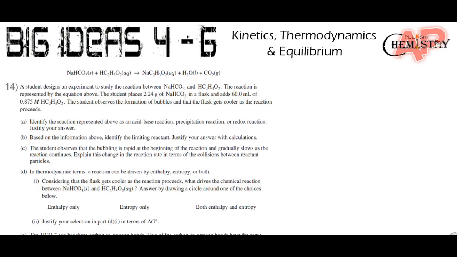A, identify the reaction represented above as an acid-base reaction, a precipitation reaction, or a redox reaction. Justify your answer. All right, I want to break this down, and we're going to go into things that are obvious. A precipitation reaction would normally mean that we're going to produce a solid, most likely, and that does not exist in my products. So that is out.